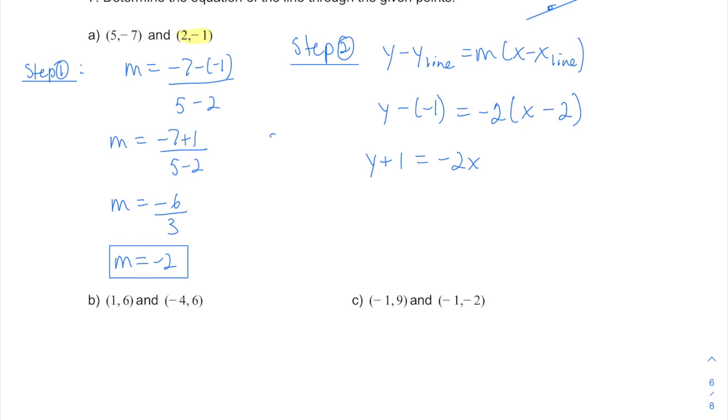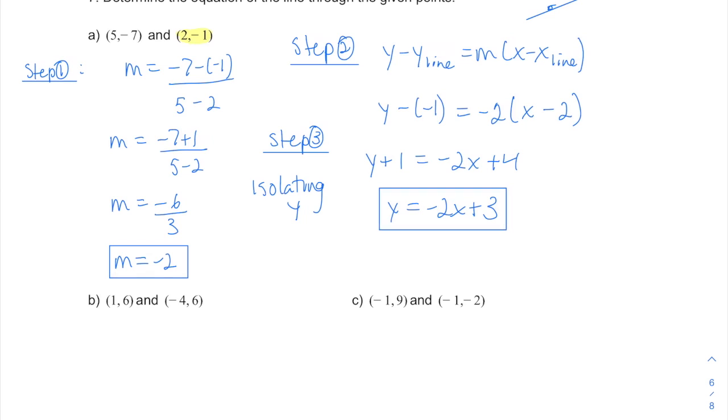Oh, and I guess we can call step 3 isolating y. Okay, so here we go, we're isolating y. All right, so I know the equation going through the points 5, -7 and 2, -1 is the line y equals -2x plus 3. And I can always check this if I want.